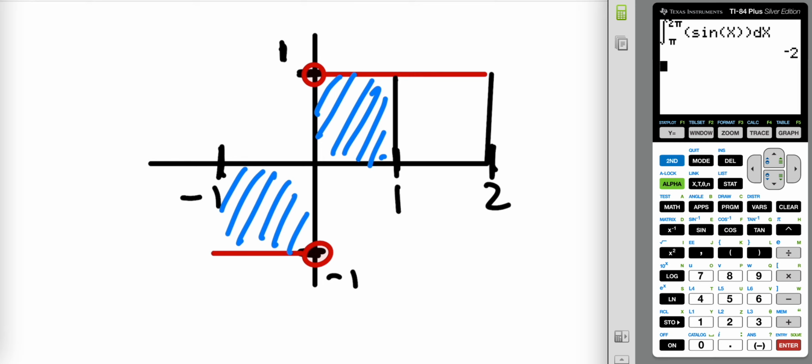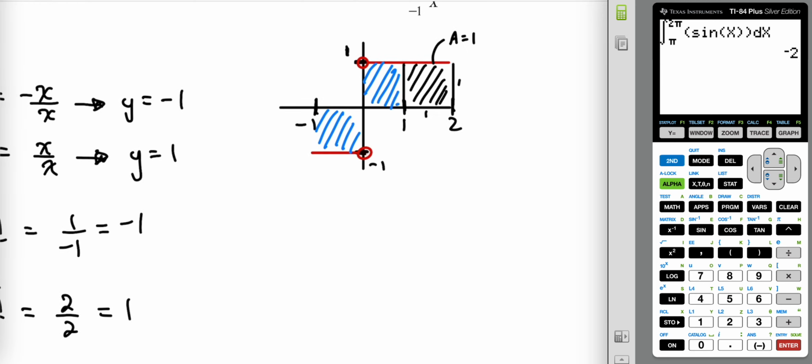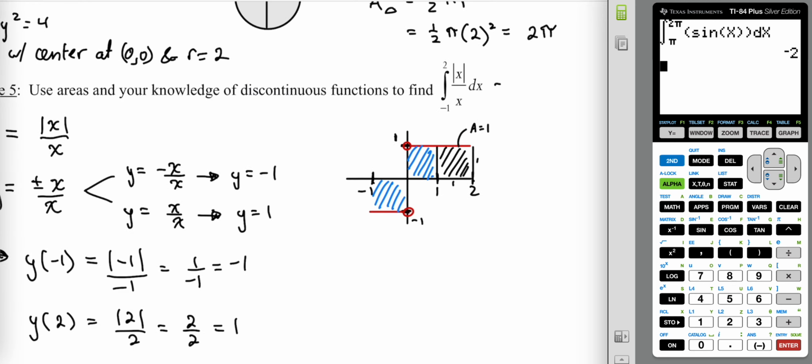Alright, so it actually makes the part where x is equal to 0 irrelevant, because it's going to be equal to 0 for both pieces, but they cancel out anyway. So this area has a length of 1, a height of 1, so its area is equal to 1, and so therefore the final answer is 1.